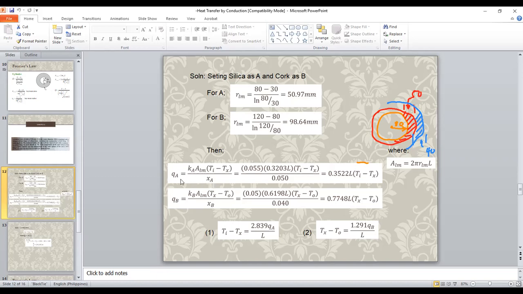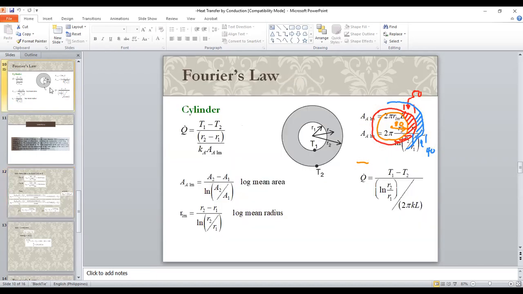Because we're determining the rate of heat transfer in material A. This is the formula for A log mean when you use the radius formula. So this one is the log mean area. Once you have already determined the log mean radius, you can determine the log mean area in terms of that particular material. In that case, that would be silica.